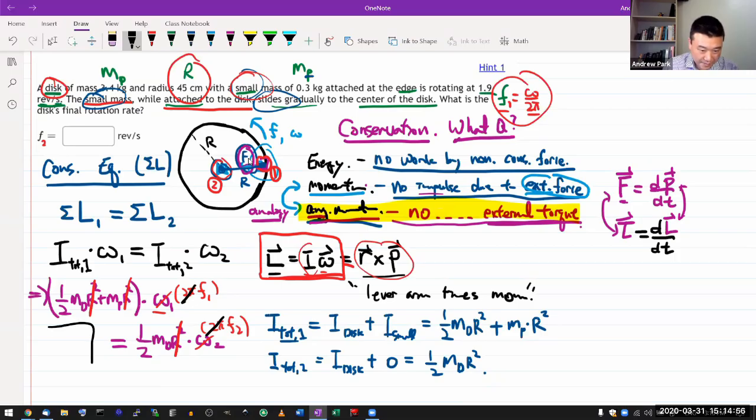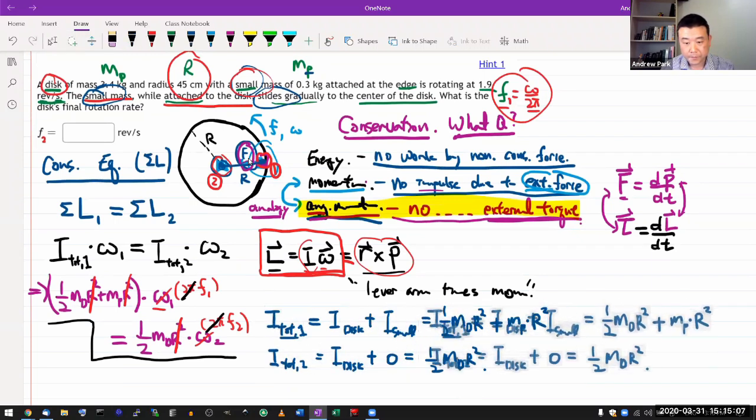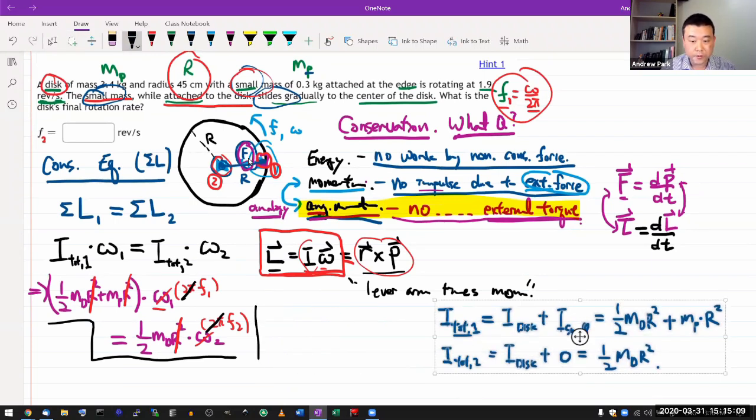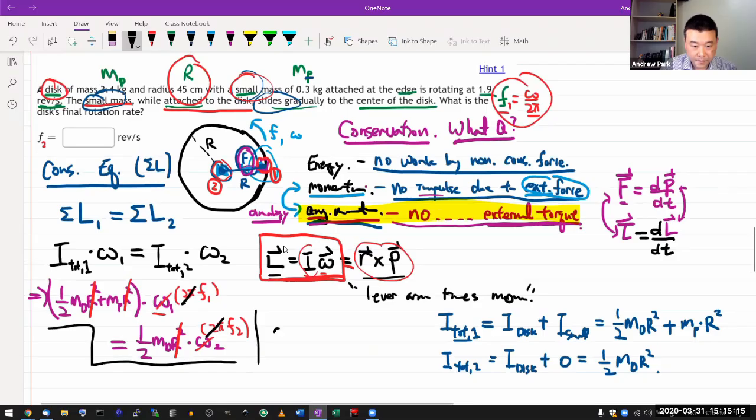So, all right, let me simplify this here so that we can solve it for f2, which is what they're looking for. Solving this for f2, this is what I end up with.